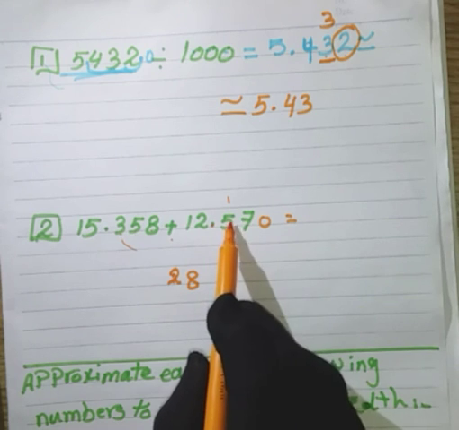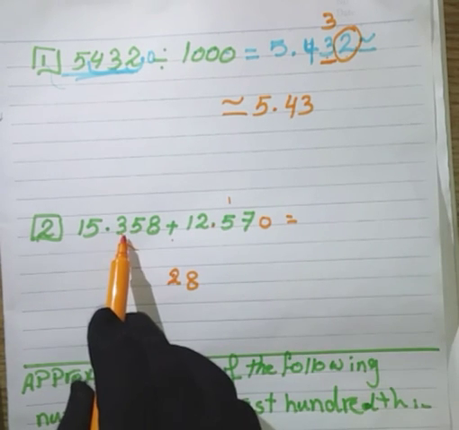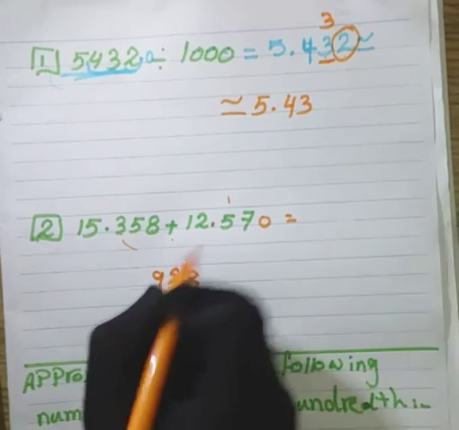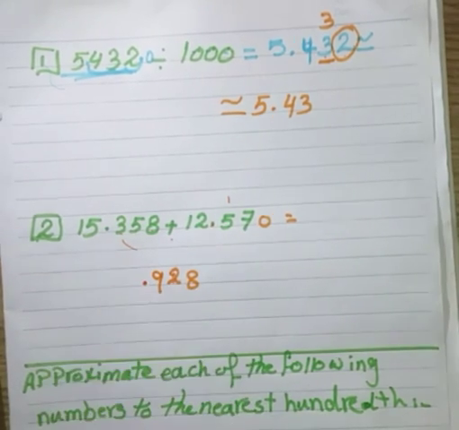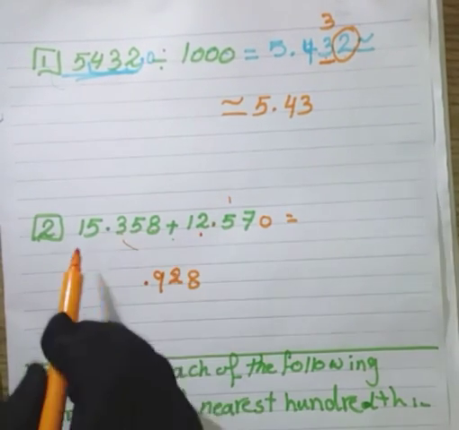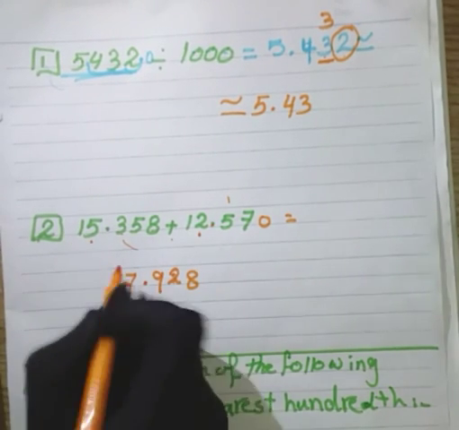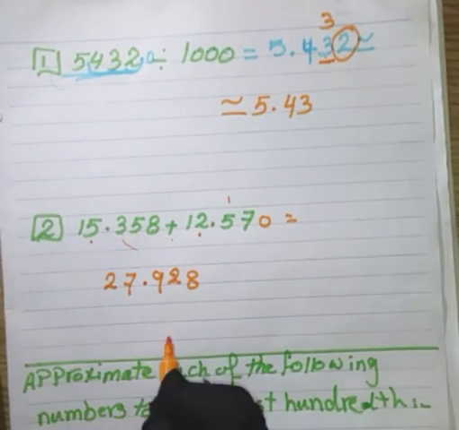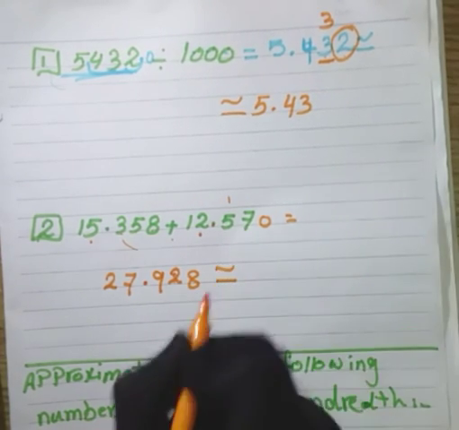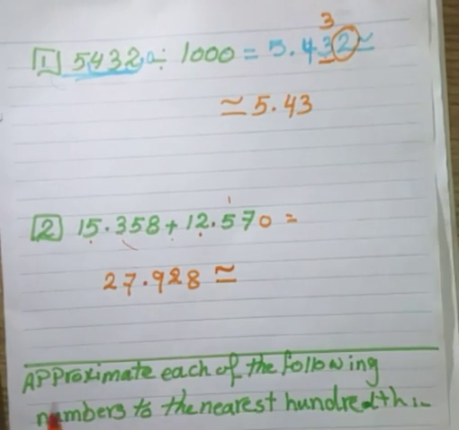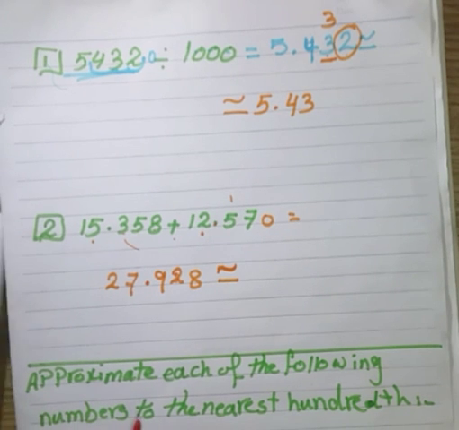1 plus 5 is 6, 6 plus 3 equals 9. Then don't forget to put the decimal point. Then 2 plus 5 equals 7. 1 plus 1 equals 2. After that, I want to find the approximation to the nearest hundredth.